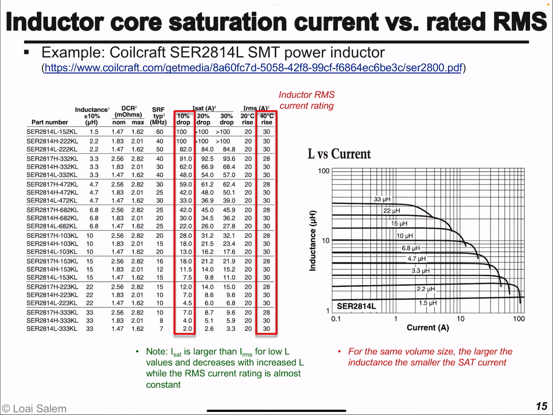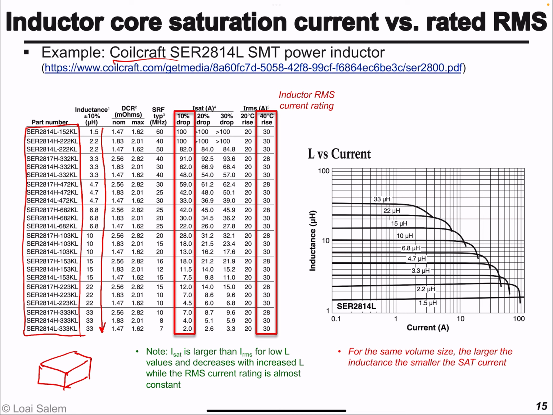All right. And so actually, from Coilcraft, all these inductors are in the same volume size, occupying the same geometry. However, as you can see, the inductance is increasing due to using different ferromagnetic materials.